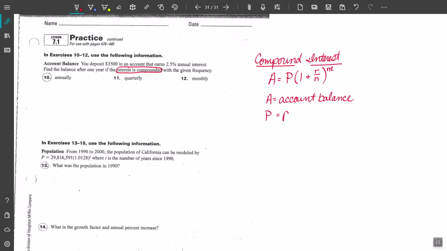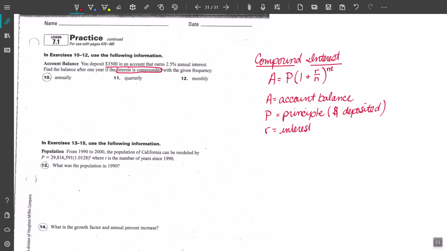P is what we call principal. The principal is the amount of money that you deposited into the bank. So in this case, our P value in this problem is $3,500 right here. They say you deposit $3,500 into an account. R is the interest rate.